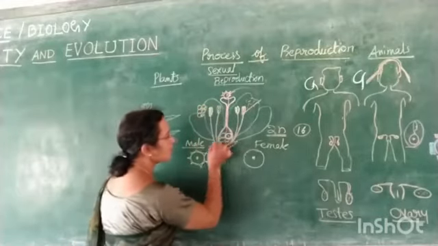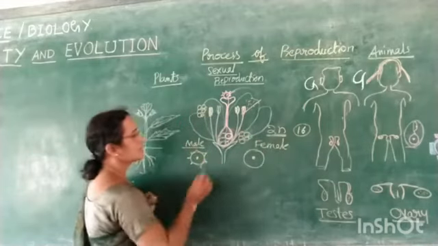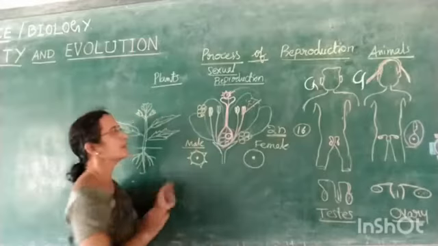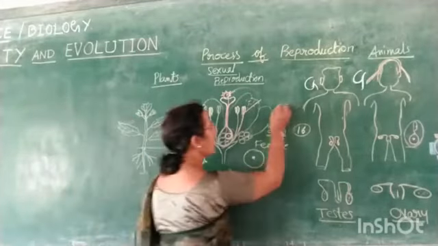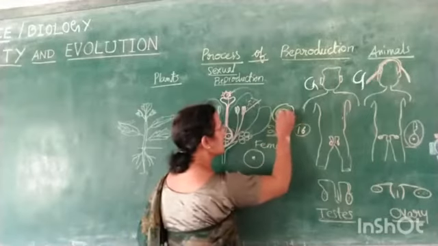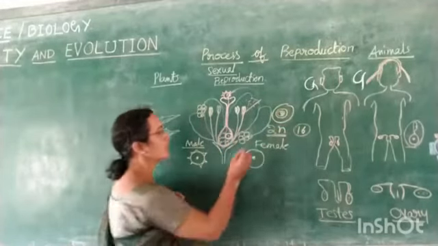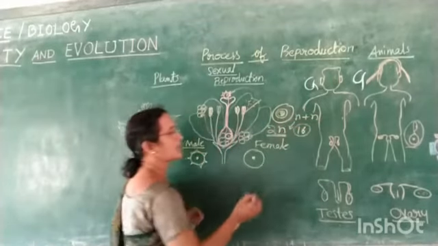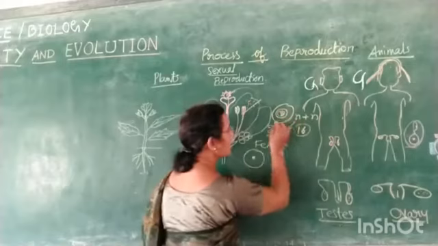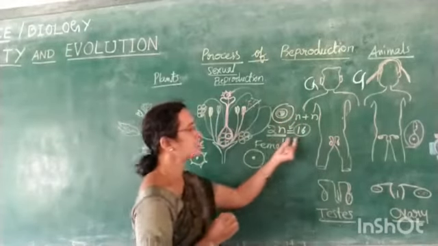A cell in this anther or a cell in the ovary has 2n chromosomes inside its nucleus. So 2n means n plus n results in 2n. Here the total number of chromosomes in an onion plant is 16.